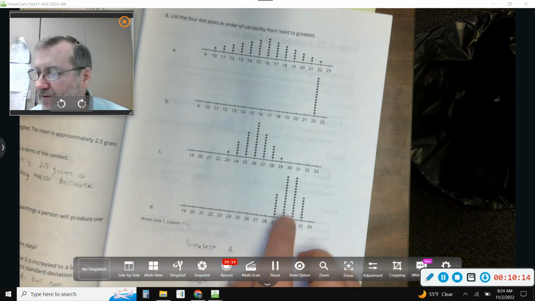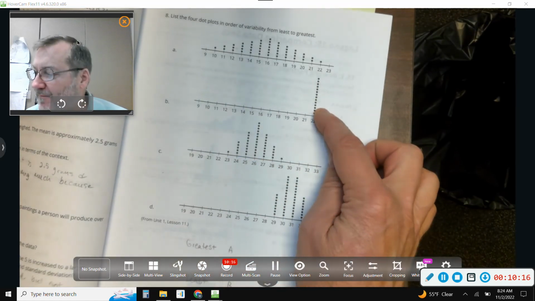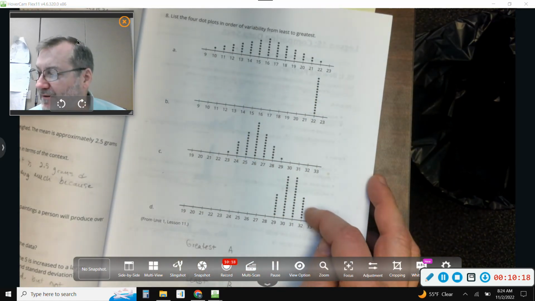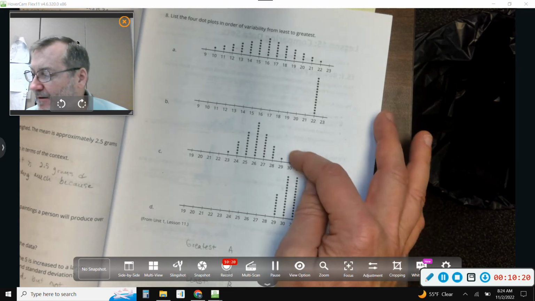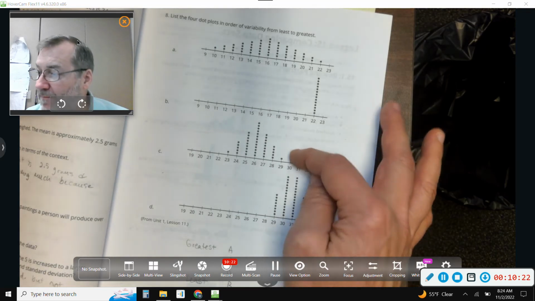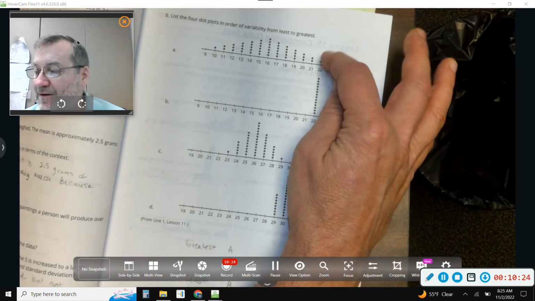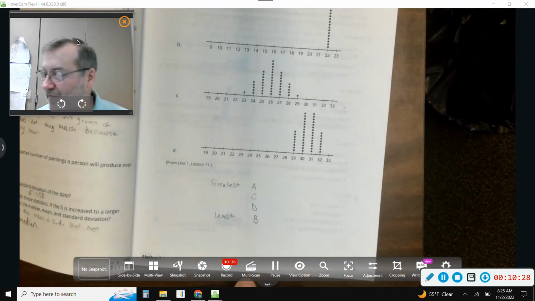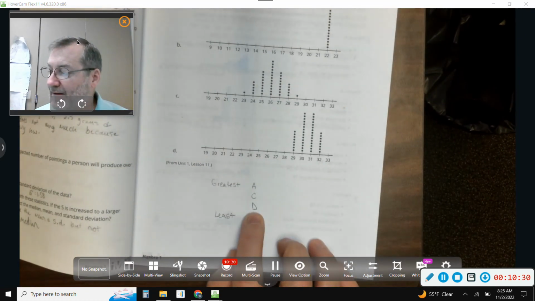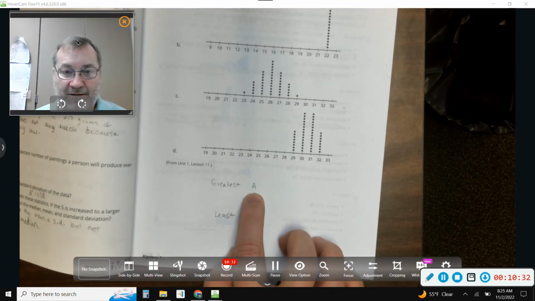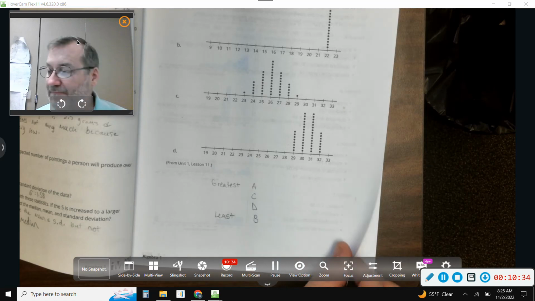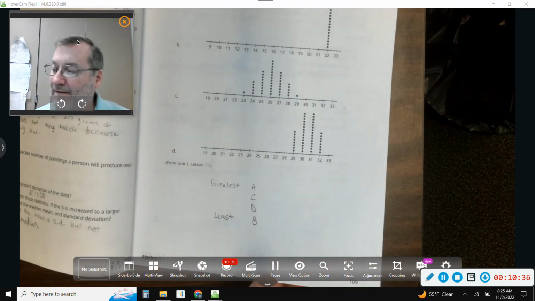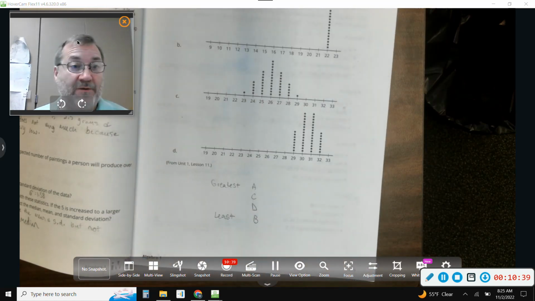So the next one is going to be Delta, which has a little bit more. Charlie's going to have a little bit more. And then the greatest amount of variability is going to be A. So your solution set for this is going to be the least is B, and then Delta, and then Charlie, and then the greatest is going to be Alpha. And that's all that we have for the practice problems. Thank you.